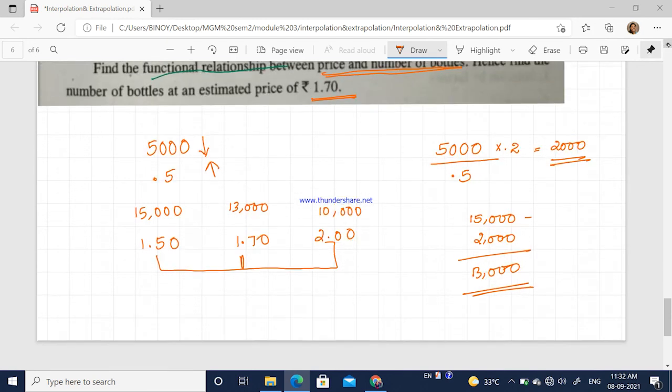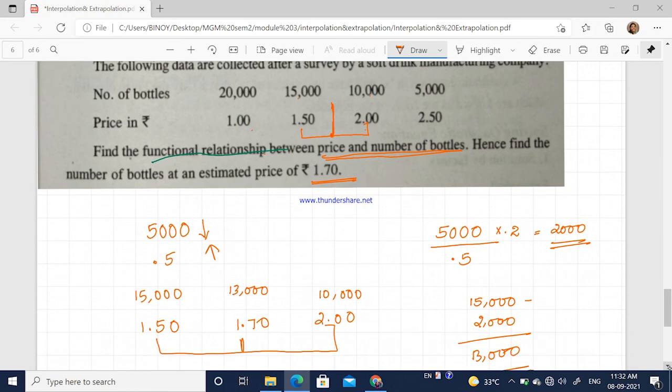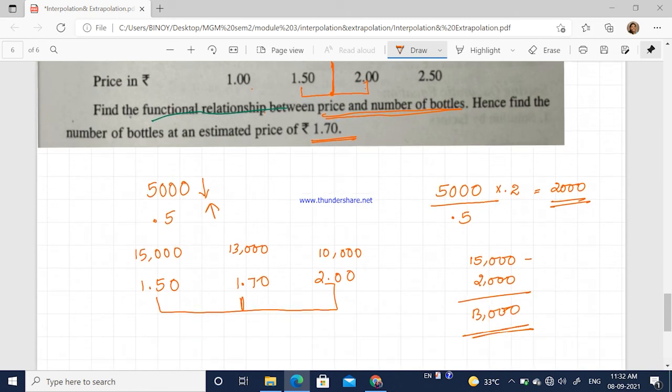So in this question, the data collected after a survey of a soft drink manufacturing company, the number of bottles is 20,000 when the price was 1, it was reduced to 15,000 at 1.50, to 10,000 at 2, and at 2 rupees 50 paise it was 5,000. You are asked to find the functional relationship between the price and the number of bottles. So how do we estimate the number of bottles if the price is 1.70?